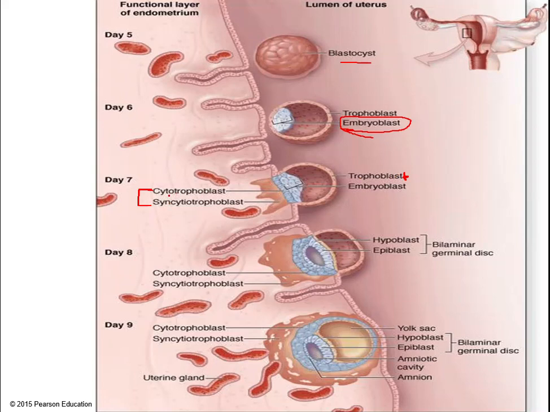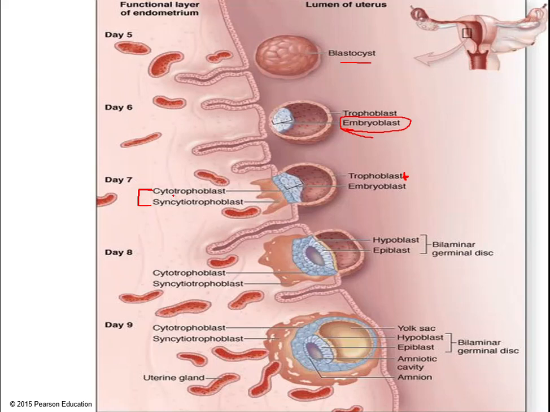The first group, which is the innermost layer, we call the cytotrophoblast cells. These cells will help to develop the chorion. They will form the chorion and the chorionic villi. Now, I know you don't know what a chorion is at this moment, but don't worry, I will explain later. But the chorion is actually one of the extra-embryonic membranes that will surround the growing embryo.